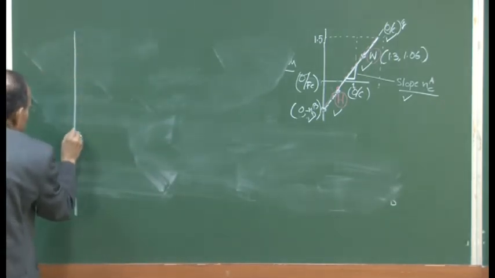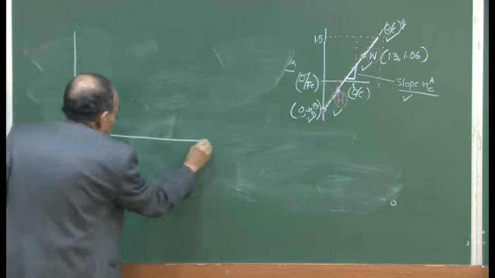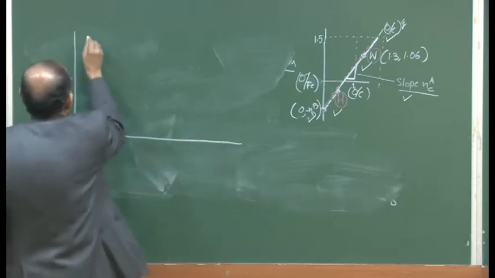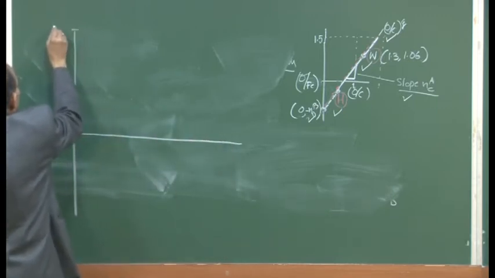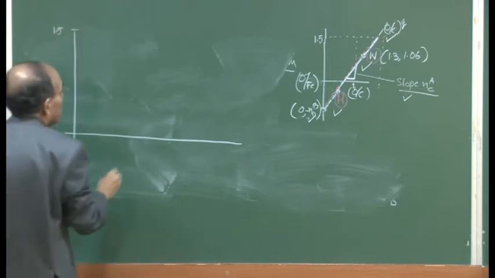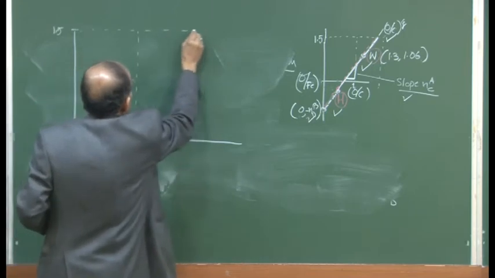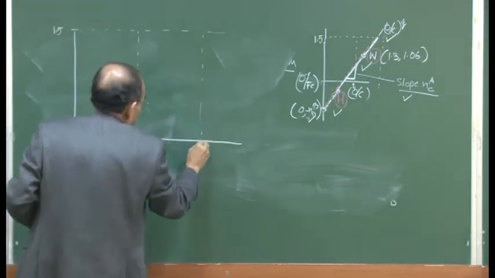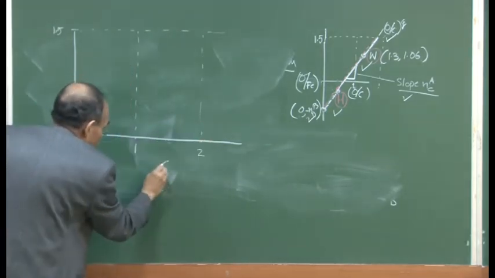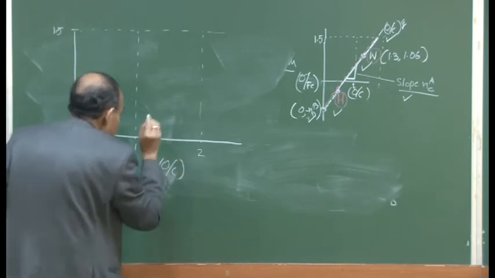Let me draw this once more. Suppose this is 1.5, and then this is 1, and this is 2, and we all know that the O by C ratio will lie between these limits.